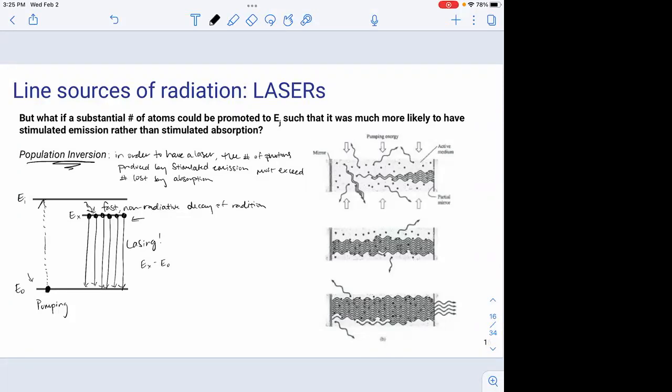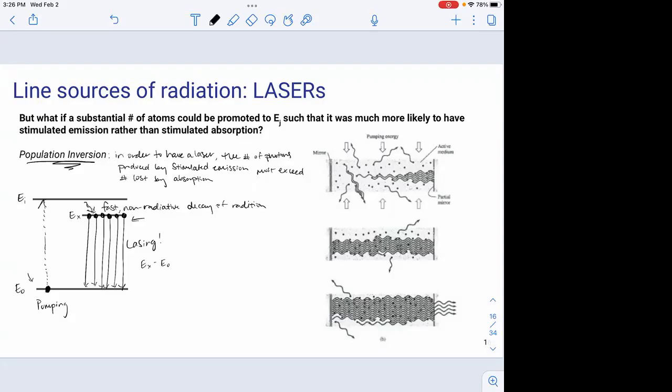When that happens, you're going to have photons from that pump energy that go through the process of stimulated absorption, but then some of them will also have stimulated emission happening from photons that are being emitted by the pump energy source. So the outcome here is that eventually you'll grow a propagating wave.